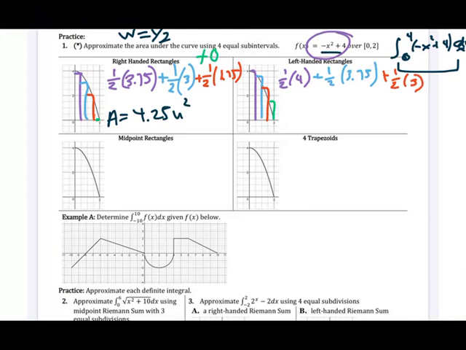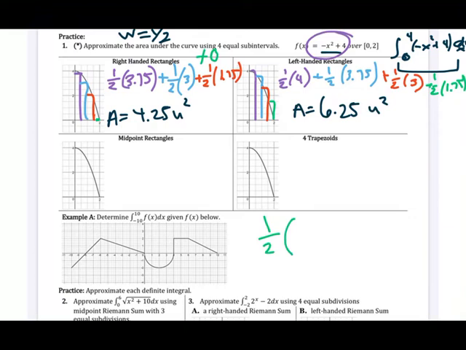And the green one is width 1/2, height what I get when I plug in 3/2, which is 1.75. And if I multiply all of those out and add them together, I'm going to get 6.25 units squared.